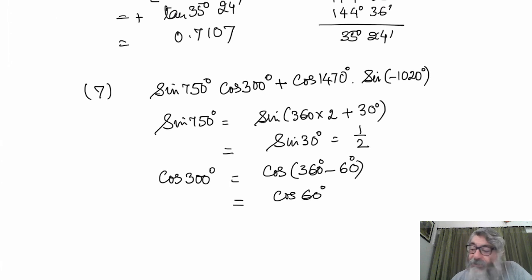The value of cos 60 degree is also 1 upon 2. This is the first part I have calculated.